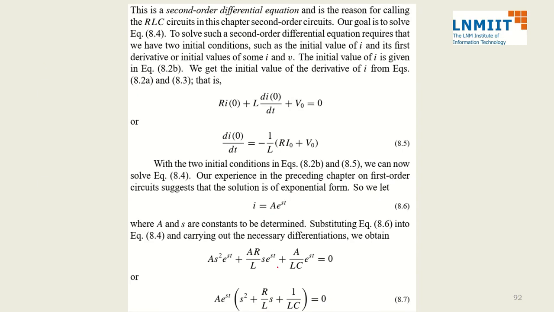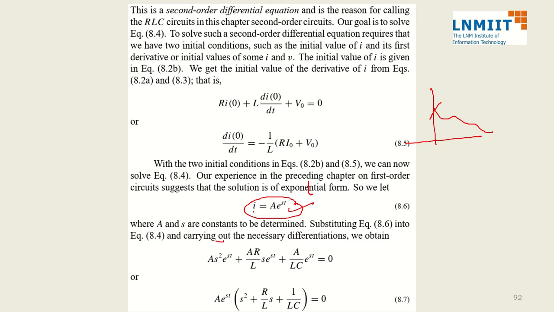Now in this equation we know that we are going to get an exponential output because it's a decaying, source free circuit, so current cannot increase, and we have seen that it will decay. So I am assuming that A into e raised to power st is my expected output of the current.